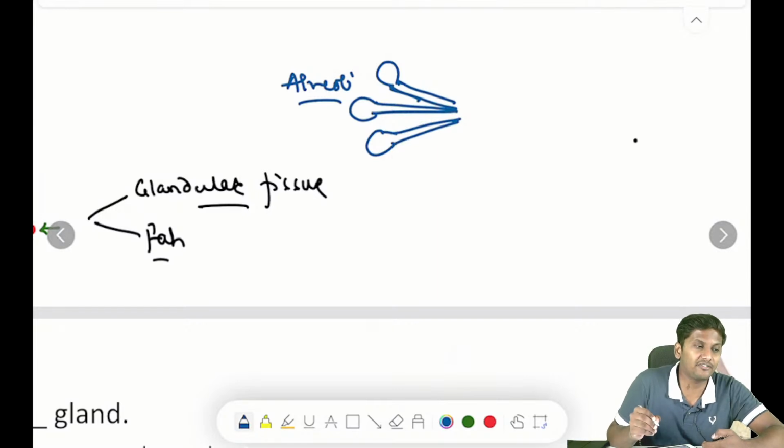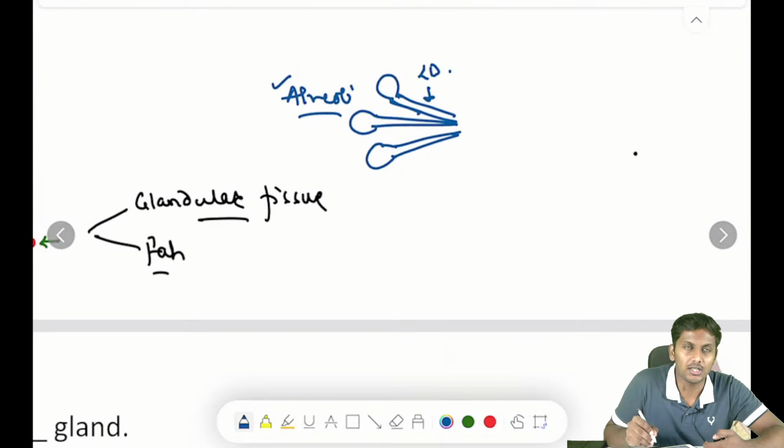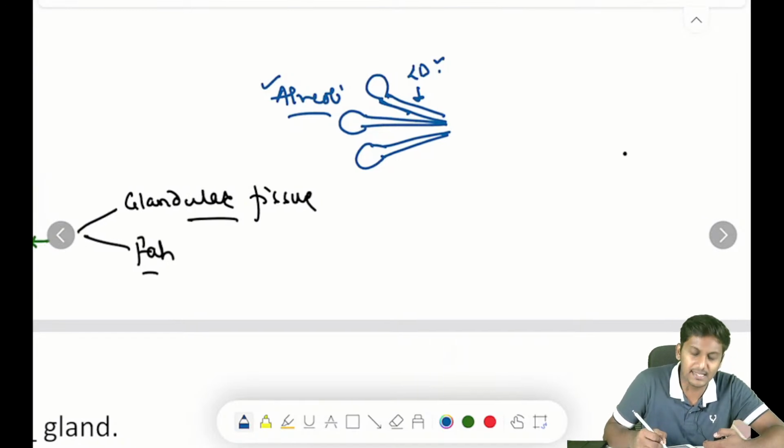These alveoli are responsible for milk production, and this milk is drained at the level of the nipple with the help of the lactiferous ducts. Each breast will contain around 15 to 20 lactiferous ducts which open at the nipple itself. Okay, so remember this.